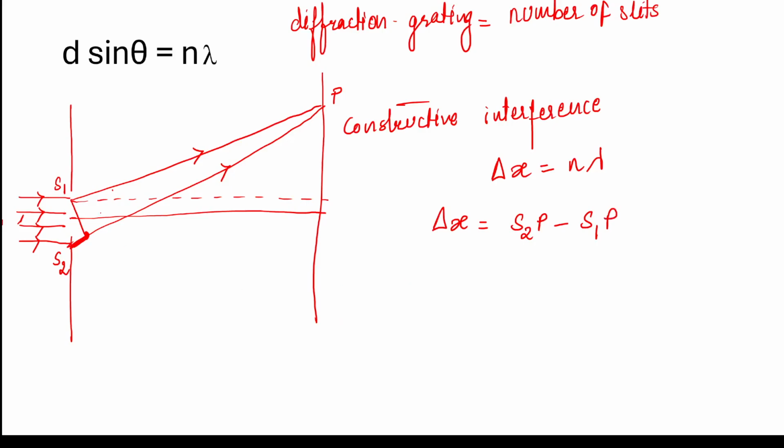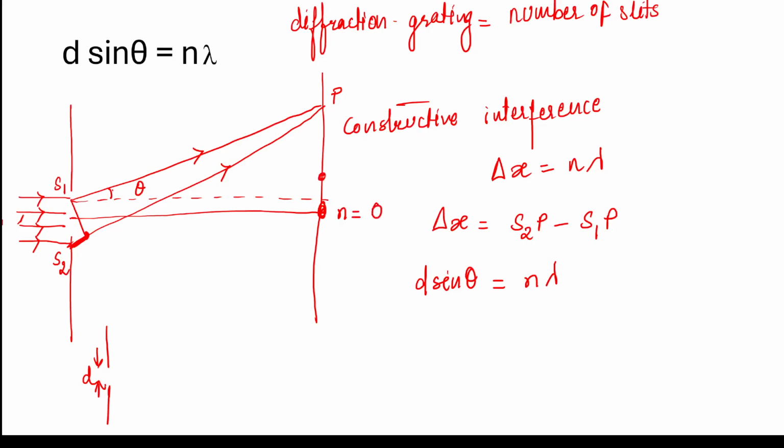And this path difference, if I take my slit size, I'm just making it here. So if I take my slit size as small d, then d sin theta, where this is my theta. So then my d sin theta, whenever it satisfies n lambda, it is constructive interference, and I see fringes. So for the central one, my n is 0.